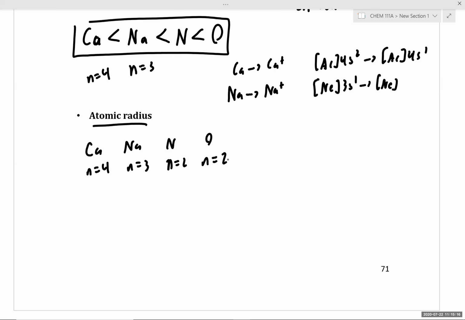Let's get some rankings of each of these elements in order of increasing atomic radius.